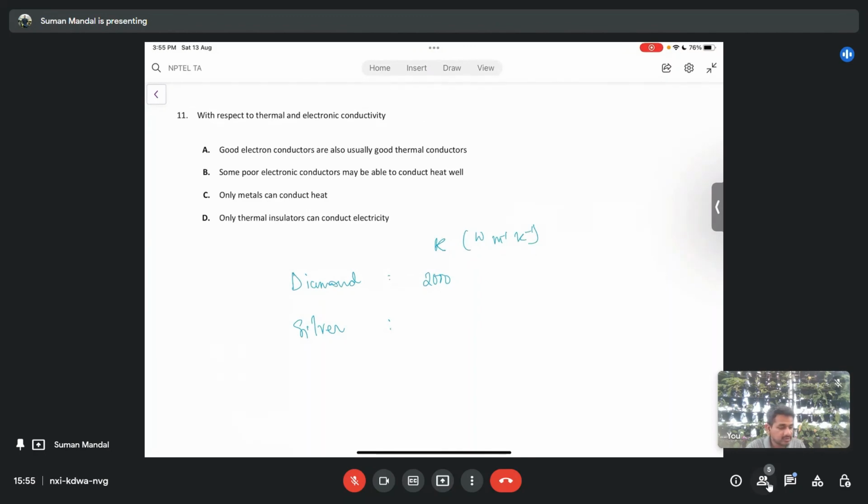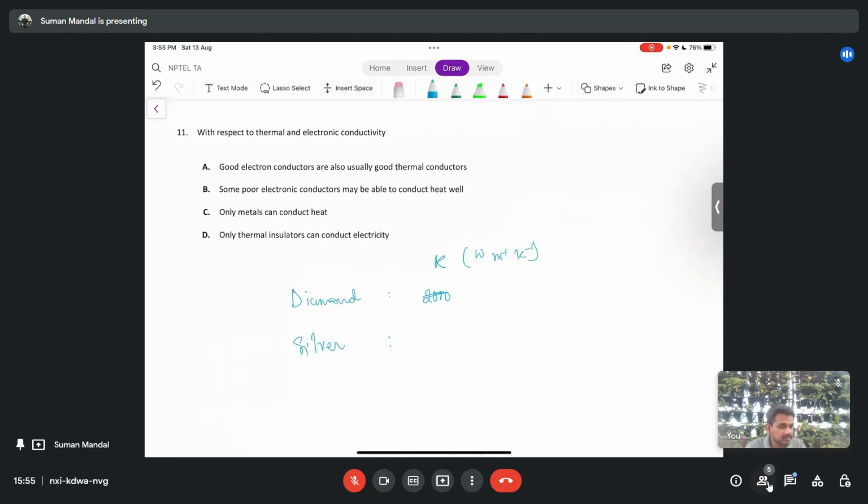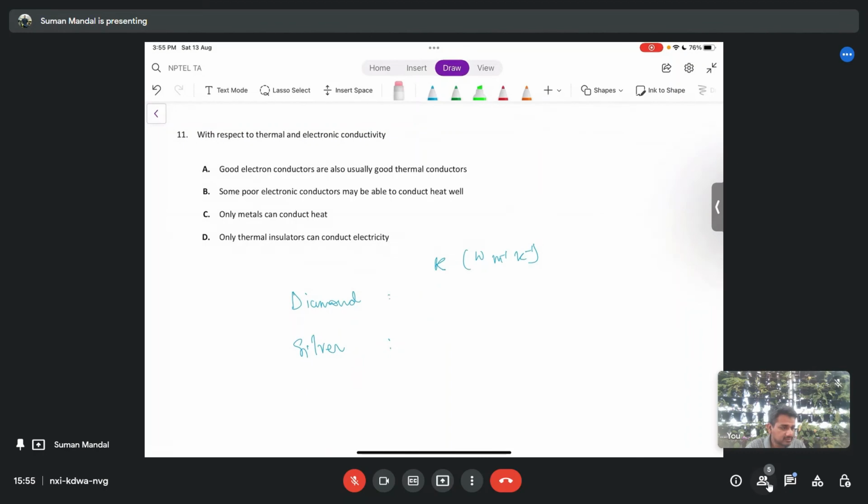It is around 2200 for diamond. It's around 425 for silver. So some poor electronic conductors, because we know diamond is an insulator or a semiconductor with a very wide band gap. So it's a very poor electronic conductor, but it conducts heat very well.